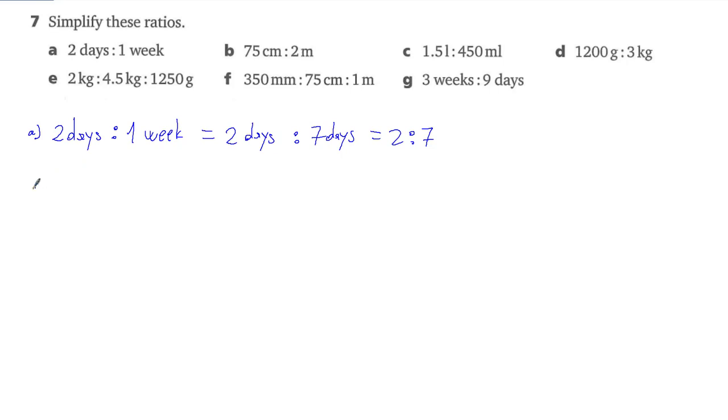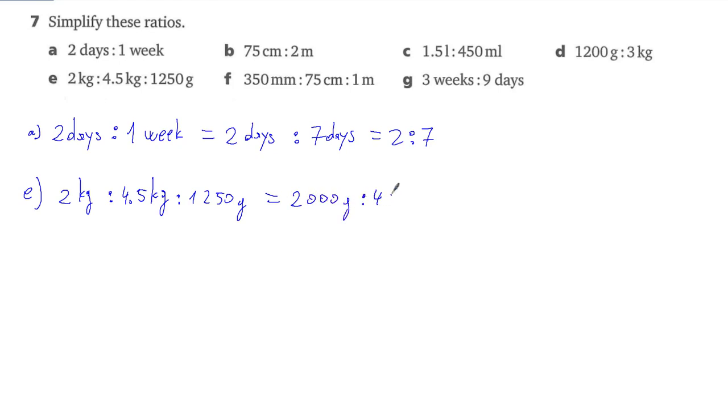Let's do another one. E, for example, 2 kilograms to 4.5 kilograms to 1,250 grams. Again, the same, we should either convert everything into grams, or everything into kilograms. I believe converting into grams will be easier.